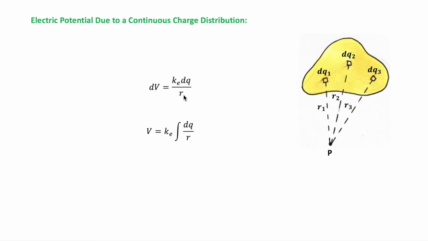So r is the distance from the charge element to the point P. And so the total potential at P from all charge elements is equal to Ke integral of dq over r. And note that for this expression, the electric potential is taken to be zero if P is at infinity.